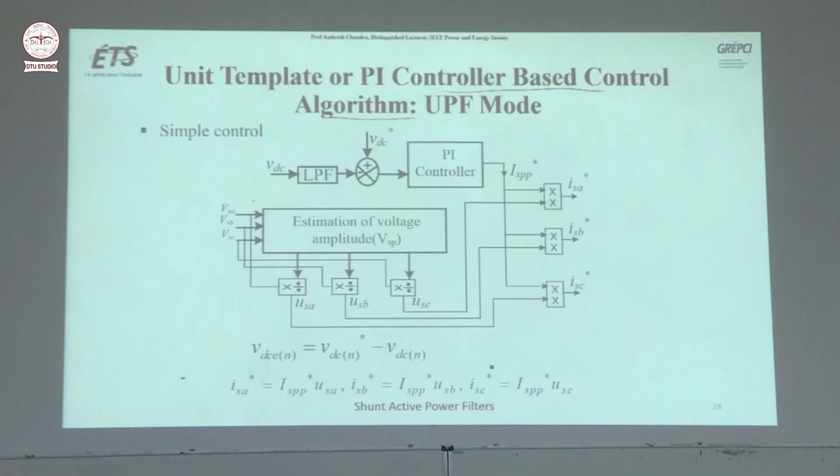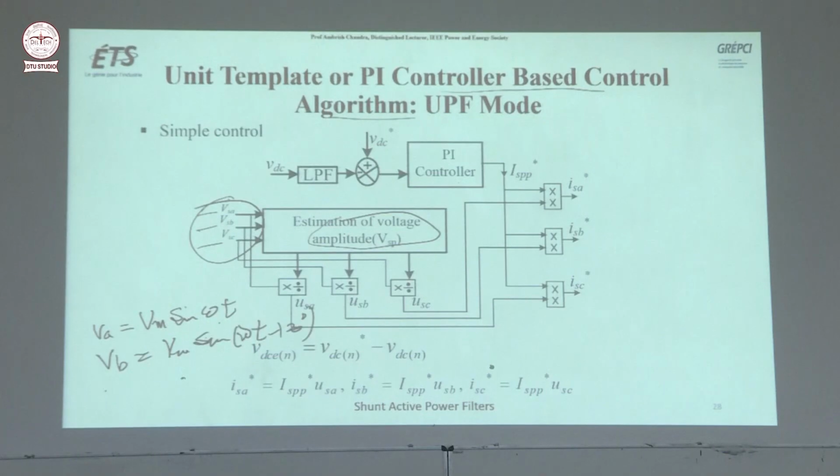So what you do is measure the supply voltages, and then using VSA, VSB, VSC, you estimate the voltage amplitude. Suppose you write VA equals Vm sine omega t, VB equals Vm sine(omega t minus 120 degrees), and VC equals Vm sine(omega t plus 120 degrees).